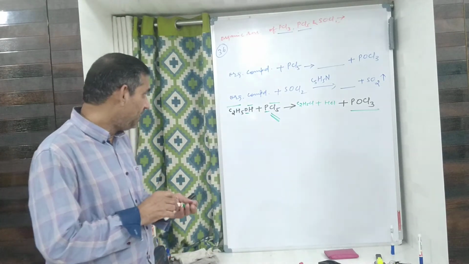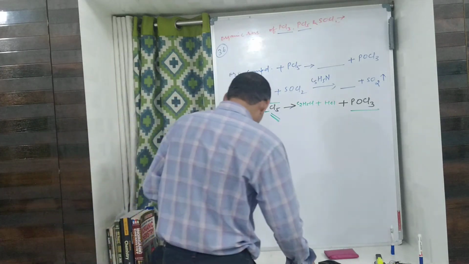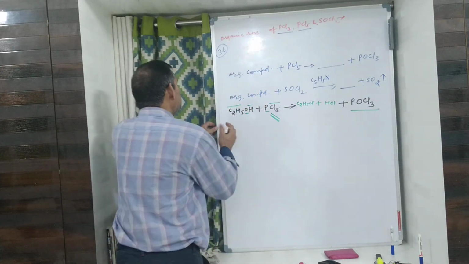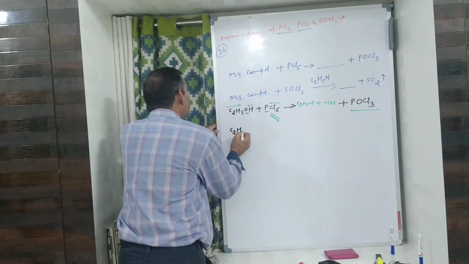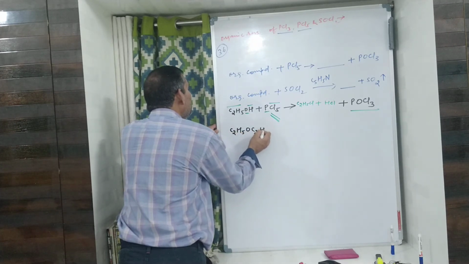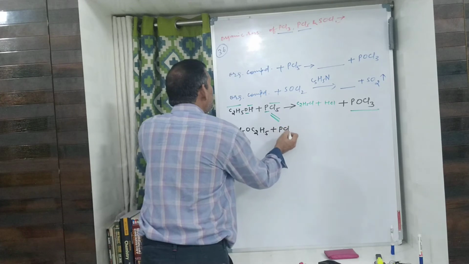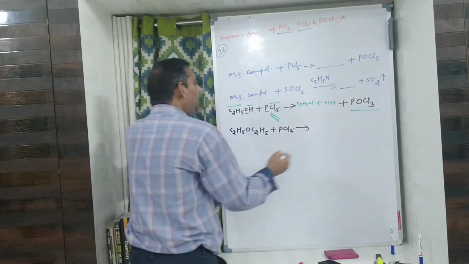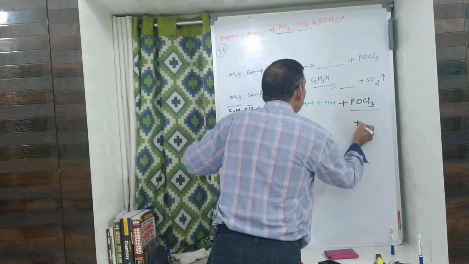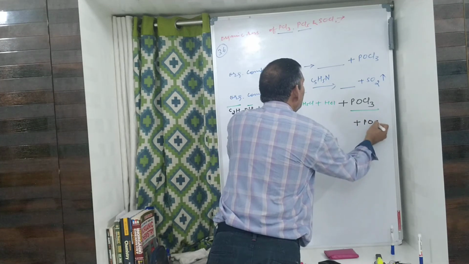Now see, instead of taking this C2H5OH, now I will be taking C2H5O C2H5 plus PCl5. See what I have told you, product formed will always be POCl3.